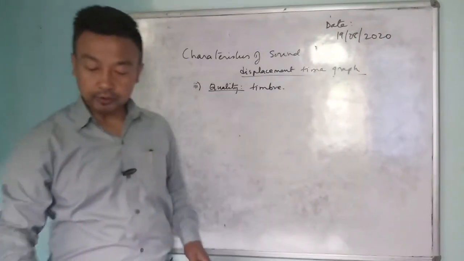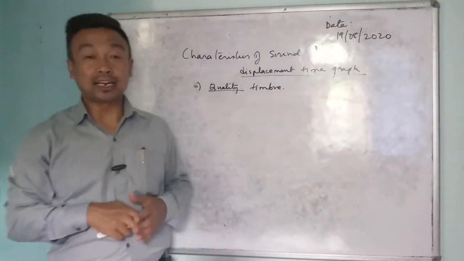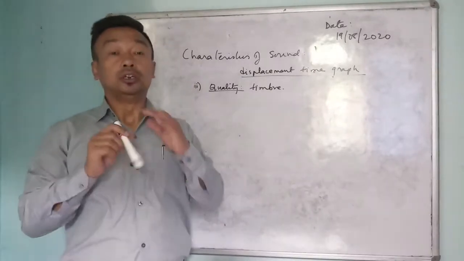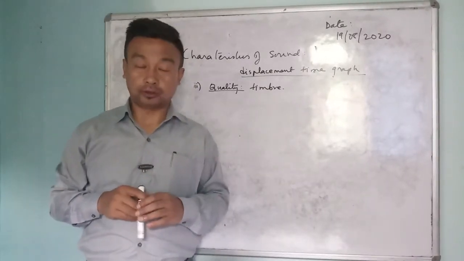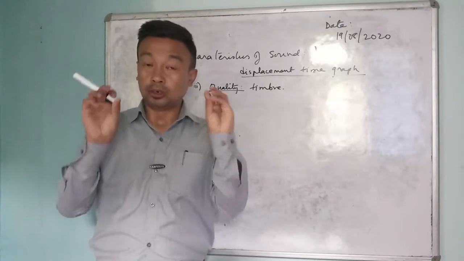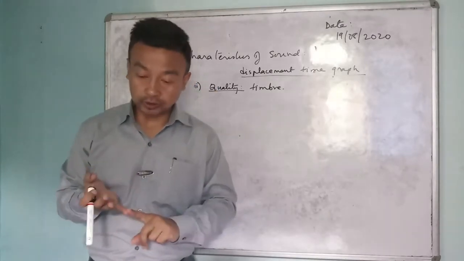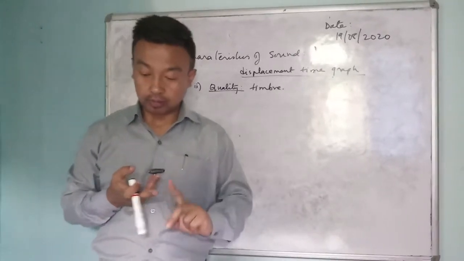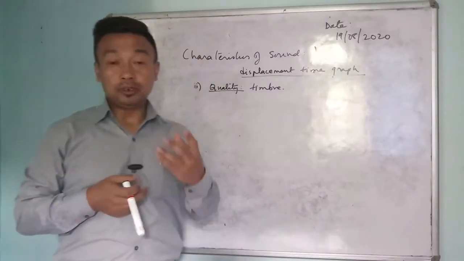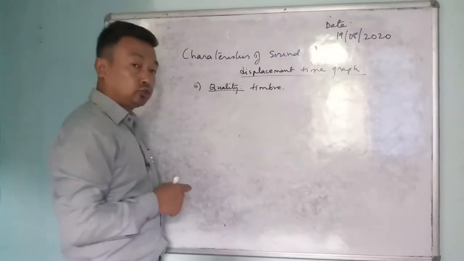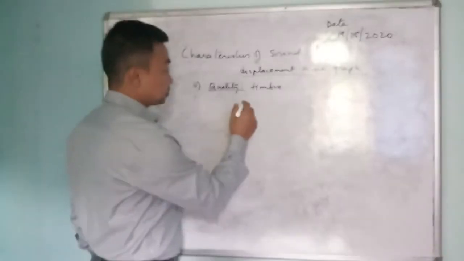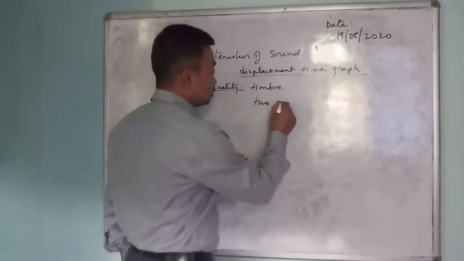In quality, it is that characteristic or property which distinguishes two sounds. There are two sounds, both have the same loudness and the same pitch, but they may be emitted by two different instruments or two different sources.